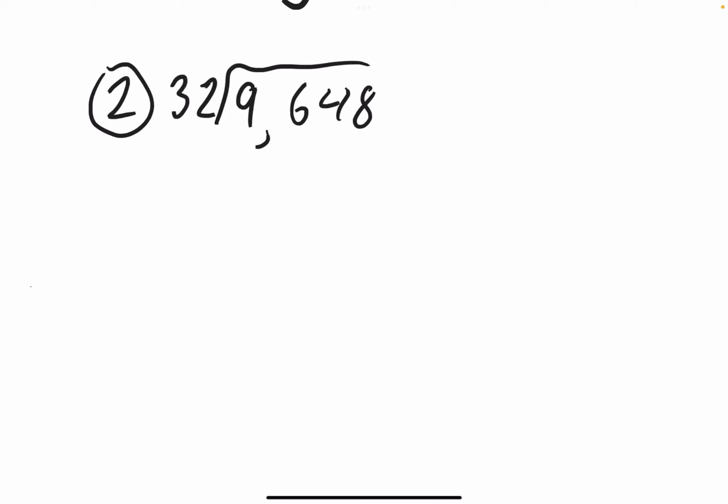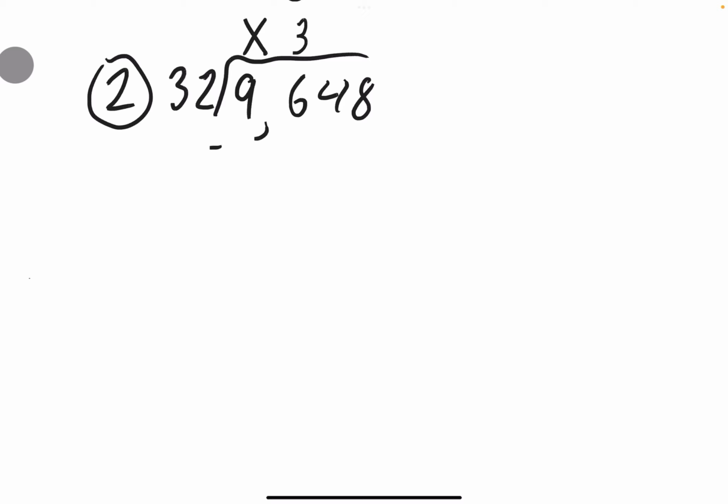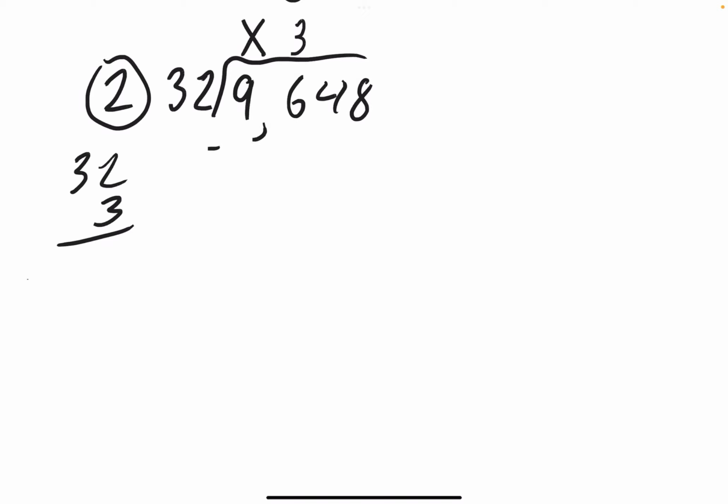So we know that 32 can't fit into 9, so what we want to do to make it easy is we can put an X. Now can 32 fit into 96? Yes. How many times? 3. So if you ever aren't sure, you can just multiply 32 times 3, 96. And we get 0.